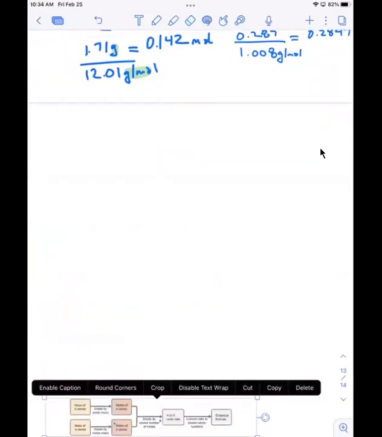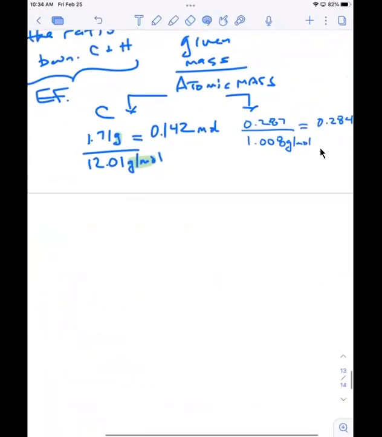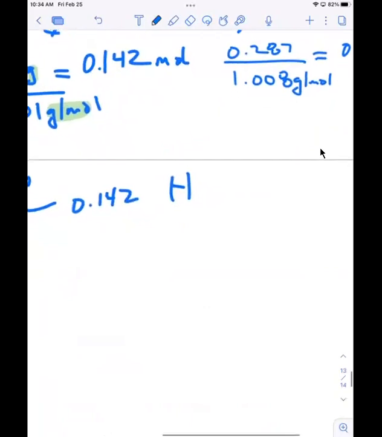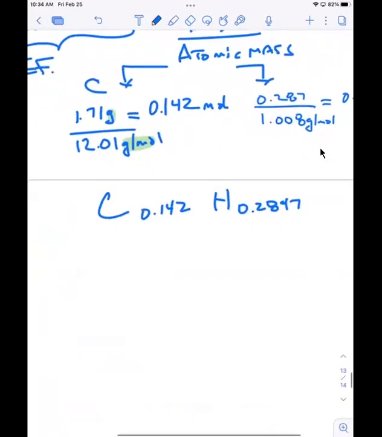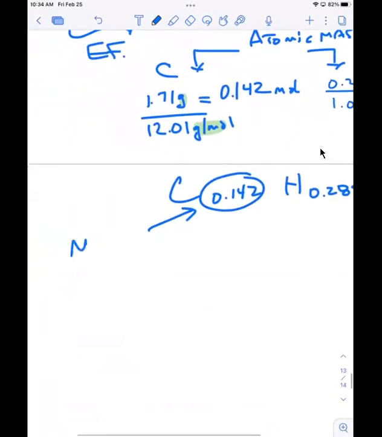We're going to take C and write in that decimal, 0.142. And then H, we're going to write 0.2847. All right. Everybody okay with that? So these are the moles that we calculated from the mass.